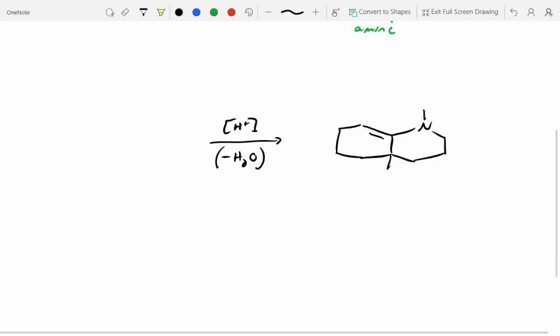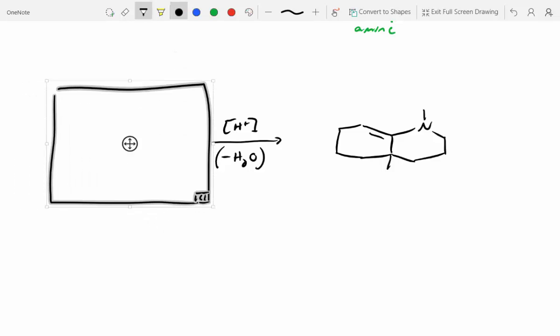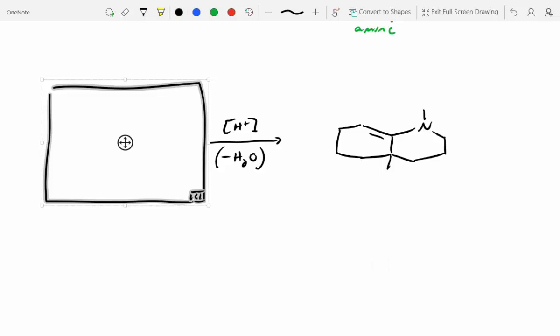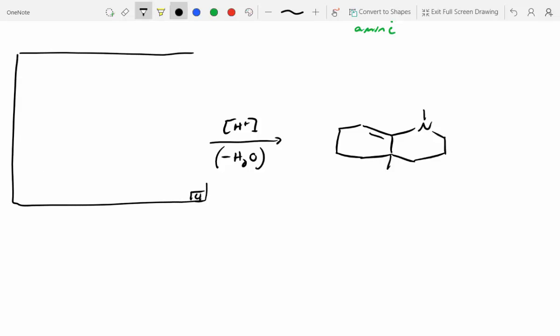So what we need to do is to figure out what reagent or reagents we need in this box right here. And make this box bigger.